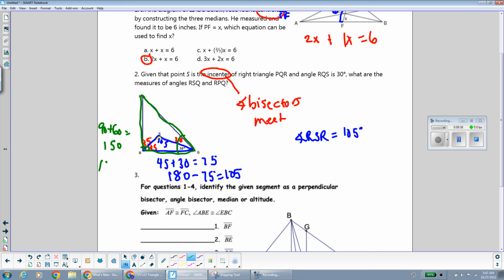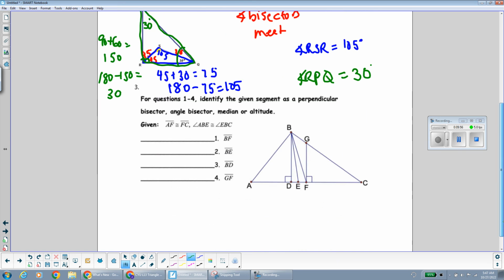And then if we subtract 150 from 180, we get the remaining angle in the triangle. So angle RPQ is equal to 30 degrees.